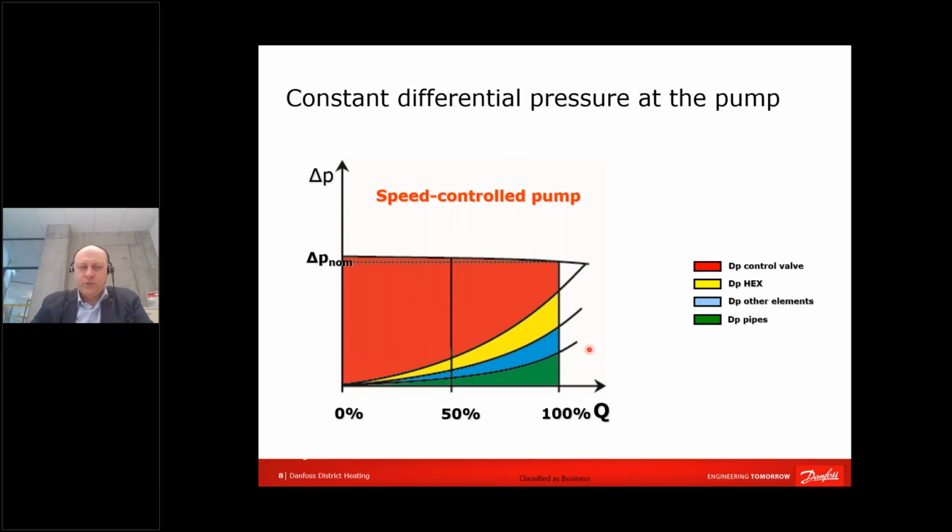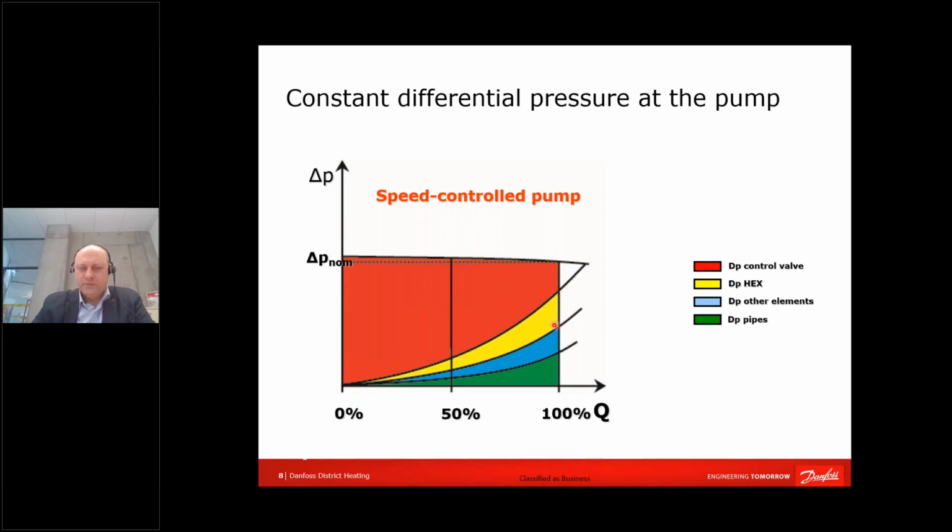We can illustrate how things are happening with a speed controlled pump, where we have system resistance, which is built from several components. Like, for example, here we have delta P for the control valve.